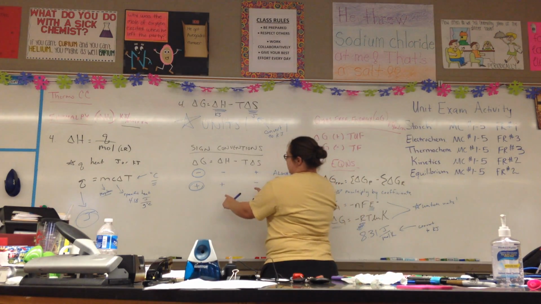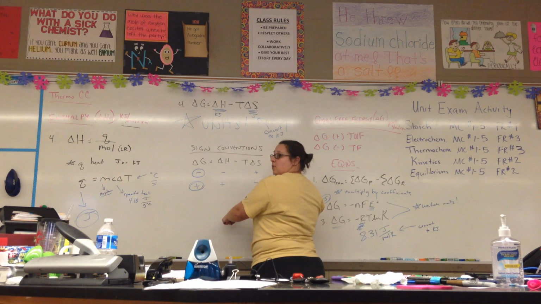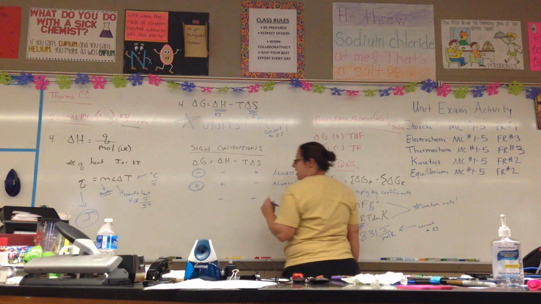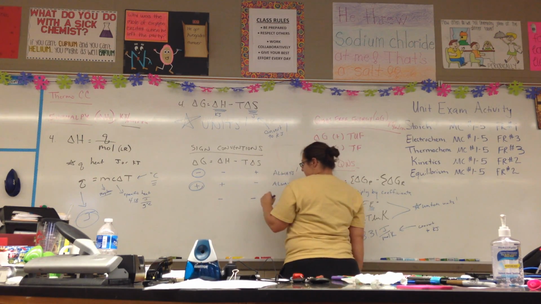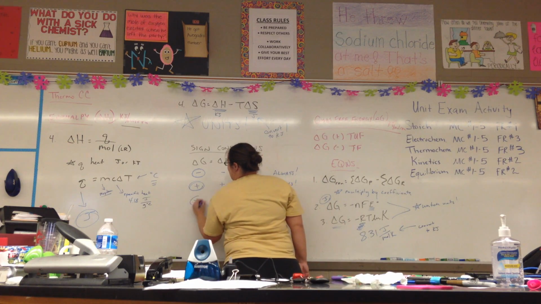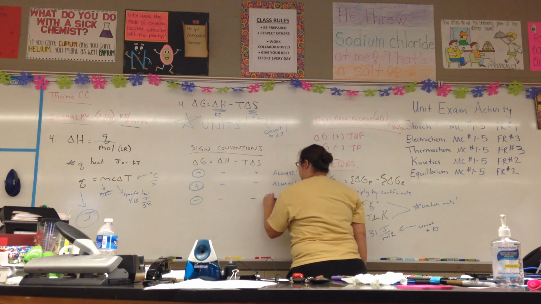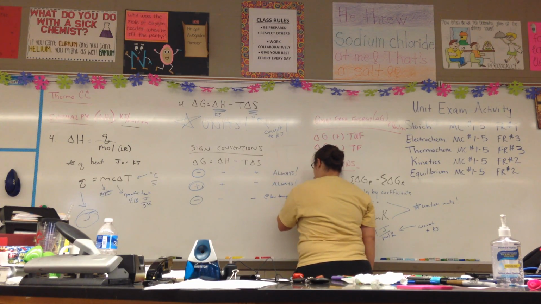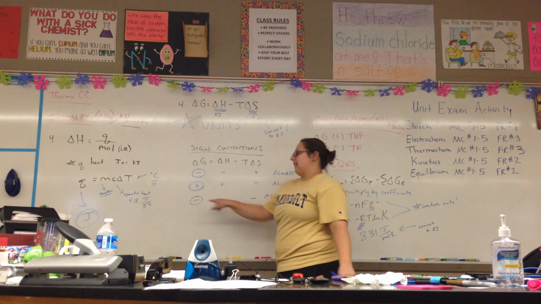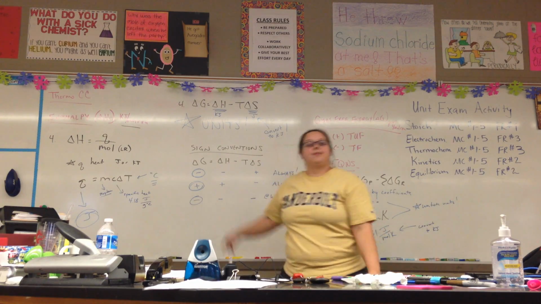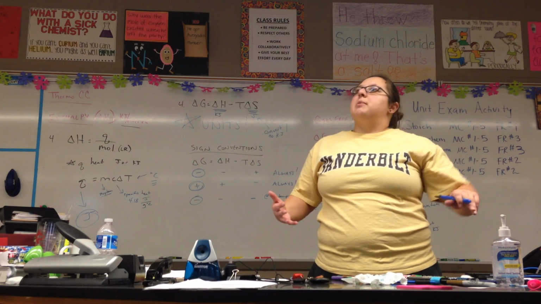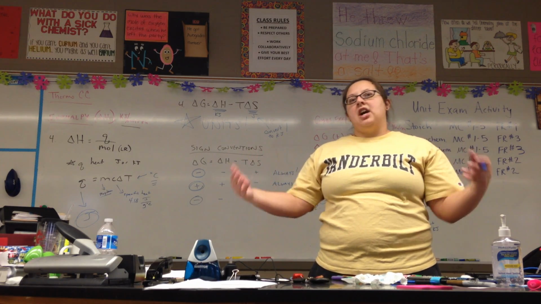When these are both the same sign is when you have to factor in temperature. If both of these are negative, delta G is negative only at low temperatures. What would low temperatures be? Low temperatures would be around 298, 300 Kelvin.